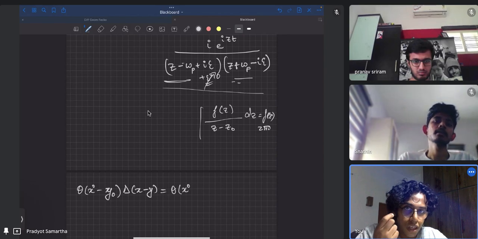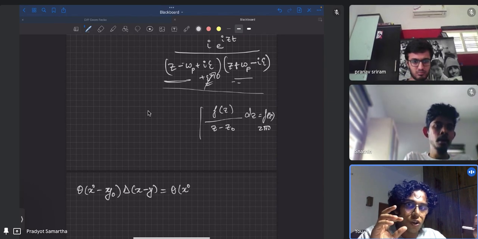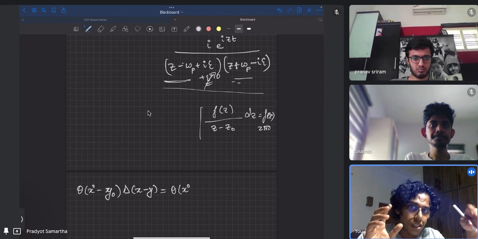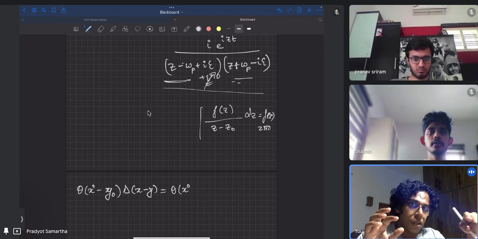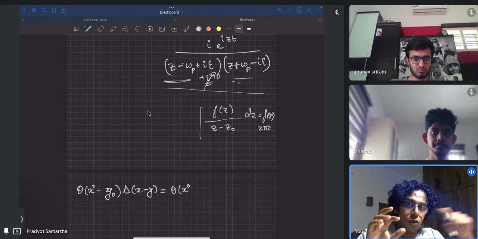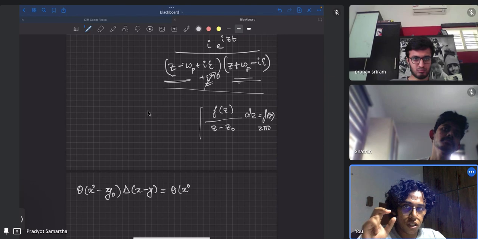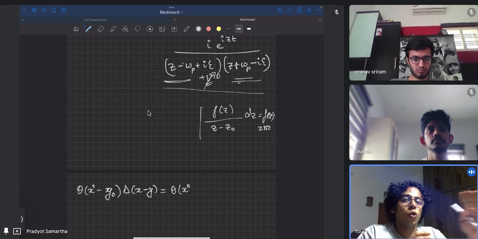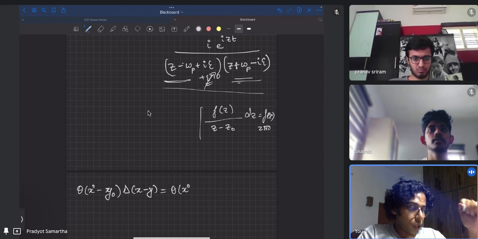So you have two cases, where z is equal to minus omega p plus i epsilon naught, or z is equal to omega p minus i epsilon naught. So you have two singularities for z, and based on these two, you can pick which one.